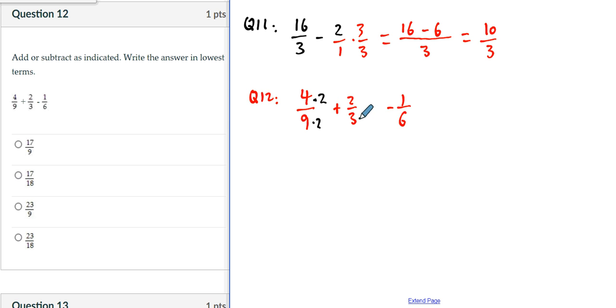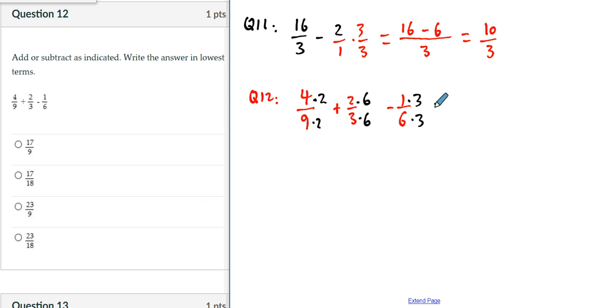And here times 6, because 3 times 6 is 18, which is the same as 2 times 9. What do we need here? 6 times what number gives 18? 3 times 6 is 6 times 3, so you need 3. All right.